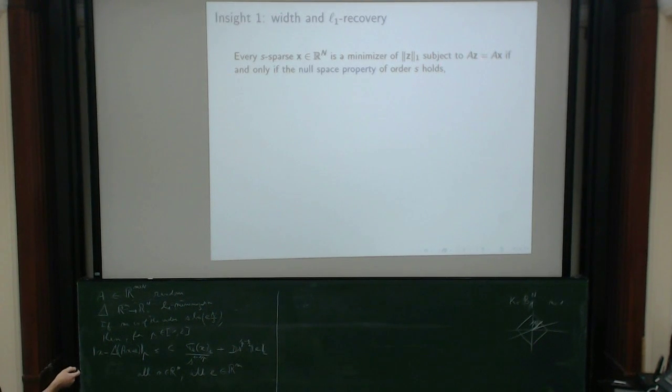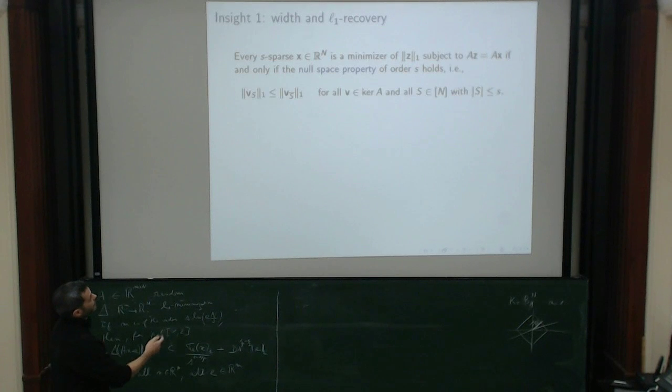Every sparse vector is a minimizer of the L1 norm subject to the constraint Az = Ax if and only if the null space property of order S is true. That we've written in that way before, that I used in another way when I proved the success of L1 reconstruction. So the other way was by adding Vs to both sides.